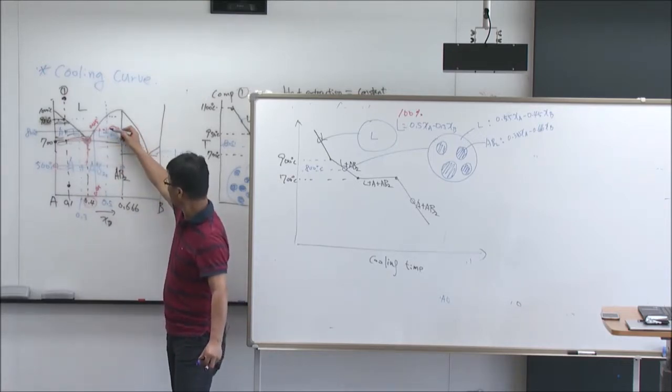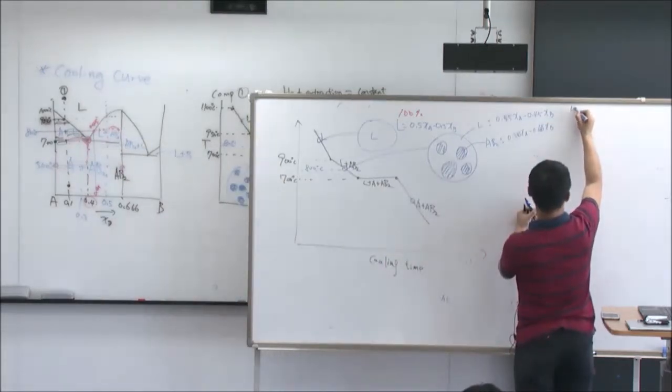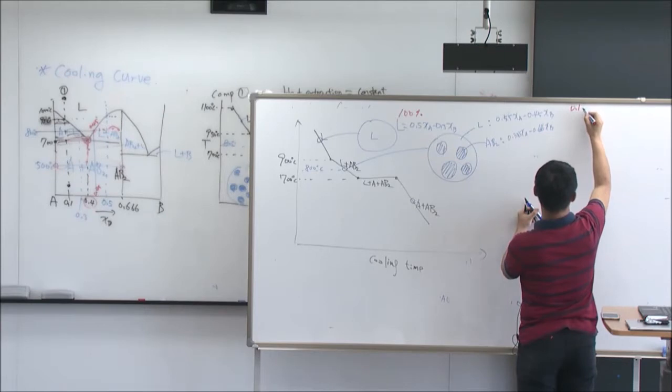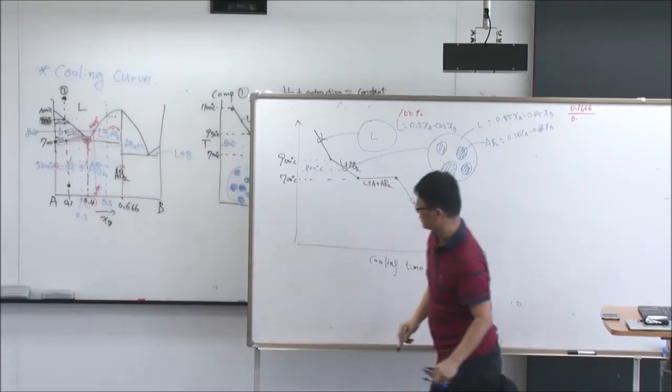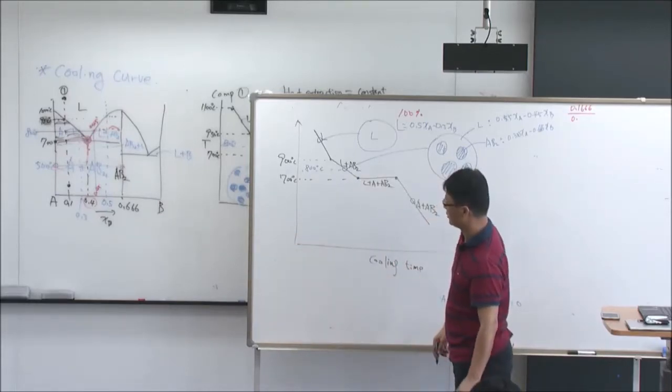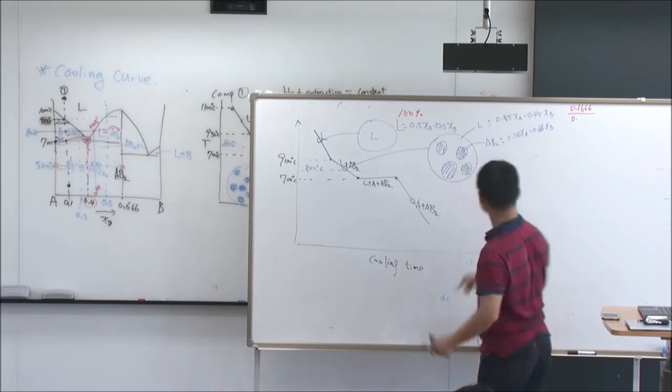So 0.66 minus 0.5, so 0.1666 divided by 0.66 minus 0.45. How much is it? 0.216.